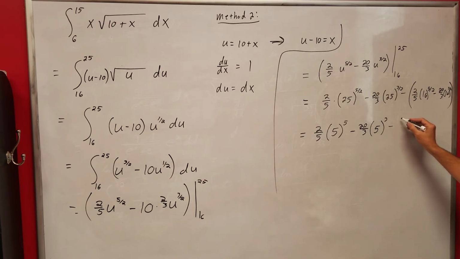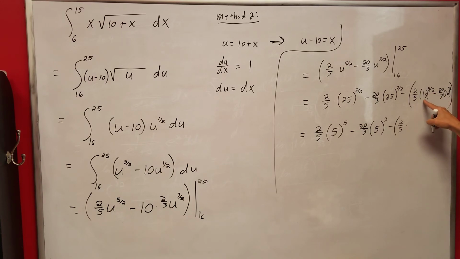Minus, what does this give me? 2/5 times what? That's the square root of 16, which is what? 4 raised to the 5th. Minus 20/3 right here. And what's the square root of 16 again? 4 raised to the what? 3rd.